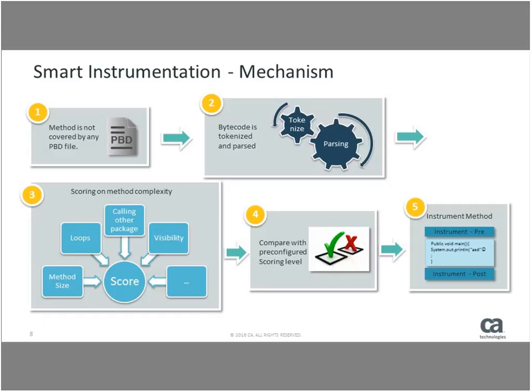Looking into step 3, we provide a scoring mechanism on these different components. And on this scoring mechanism, we put a lot of logic, a lot of effort, best practices into it. Part of the scoring would be the method size, whether there are loops inside a method, whether a method is calling into a different package, whether we have different visibilities.